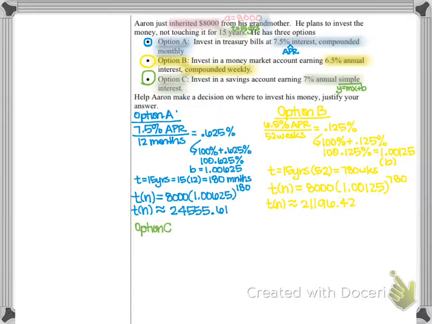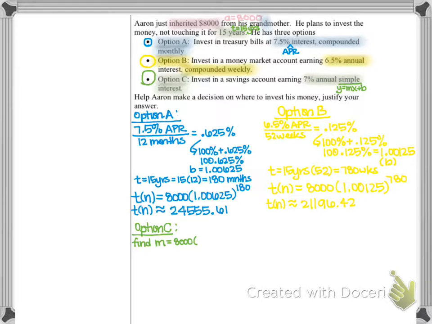This goes back to the example that we did on the previous page. I have to figure out what slope is, so I've got to find m. That's the first thing. To do that, I'm going to take the 8,000 and multiply it by the 7.5%.